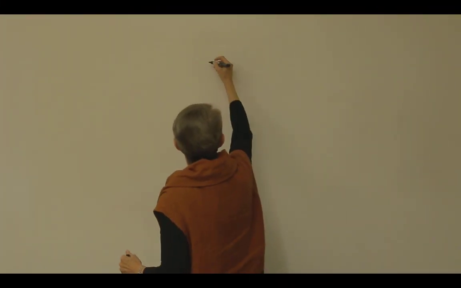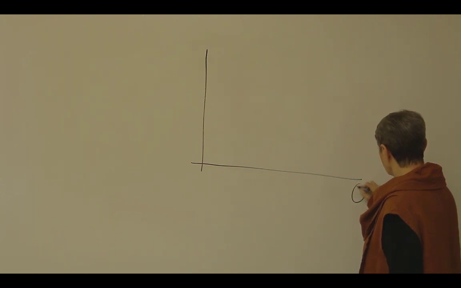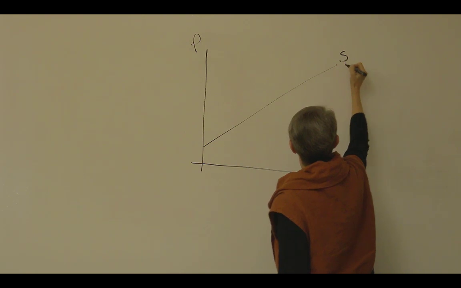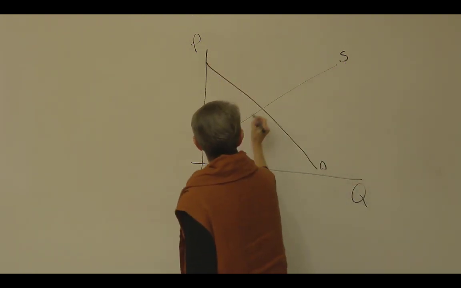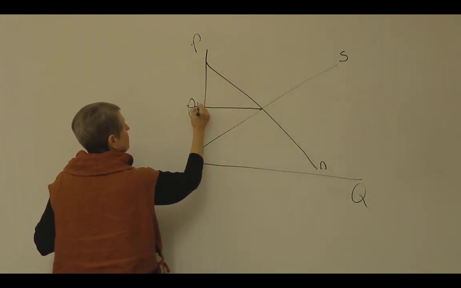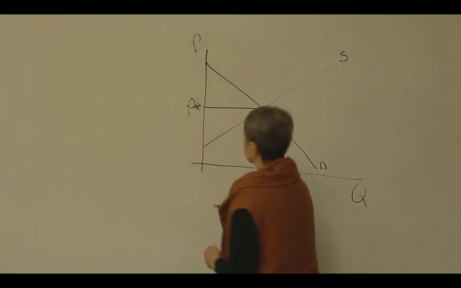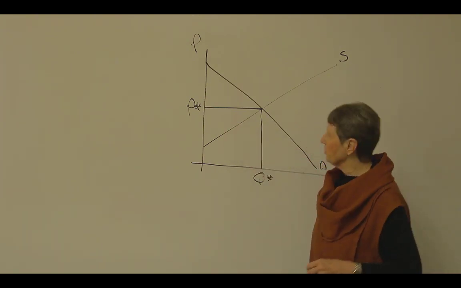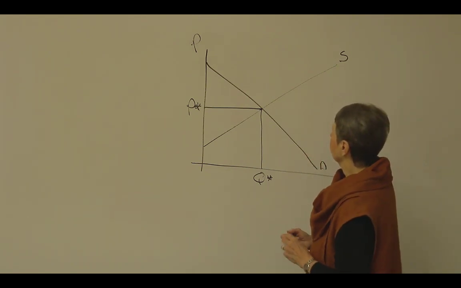So, for example, if we have the domestic economy, and here's the domestic supply, here's the domestic demand, and if the economy is closed, P star is the price, and Q star is the quantity that is exchanged between producer and consumer in a closed economy.